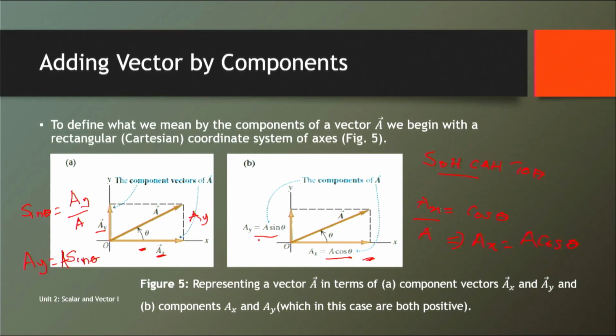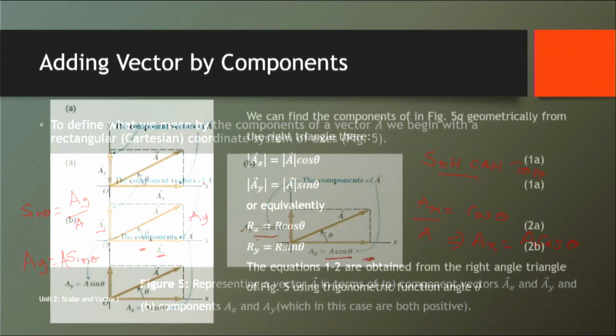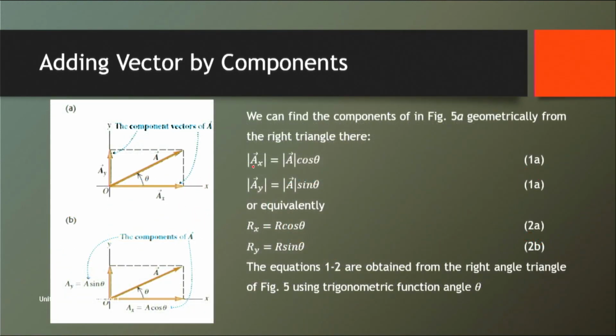And this is how we obtain this. So now we understand the component along x to be A cos theta, and the component along y to be A sin theta, as given in the lower figure.